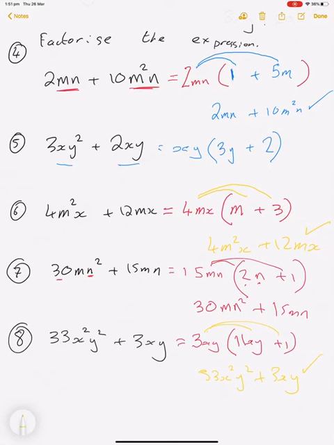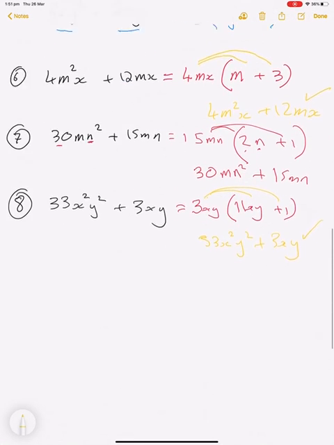Okay, so let's have a look at some more examples. I'm going to stay with positive terms, and in video 3 I'm going to do some negative terms. Okay, so let's have a look at some more questions.